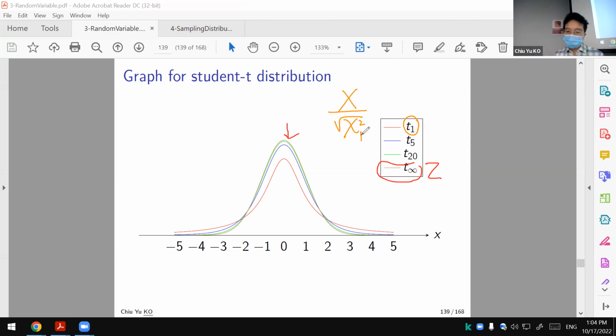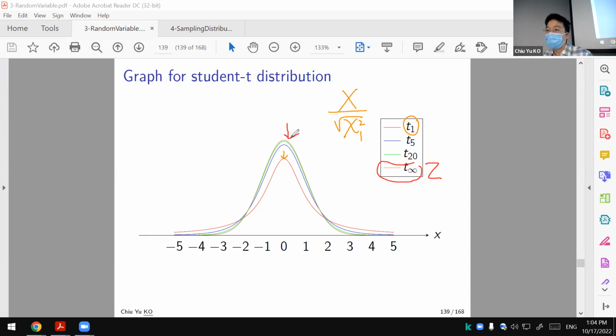But there is still some difference. You end up with a deformed shape. It's like you press down the head of the normal and you raise up the two ends.